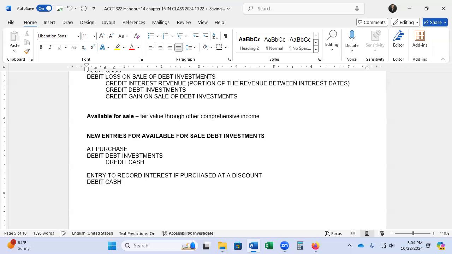Debit cash or interest receivable. And then you would debit debt investments, and this would be the amortization of the discount. And then you would credit interest revenue.